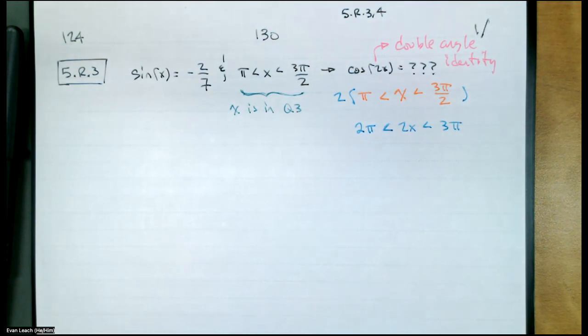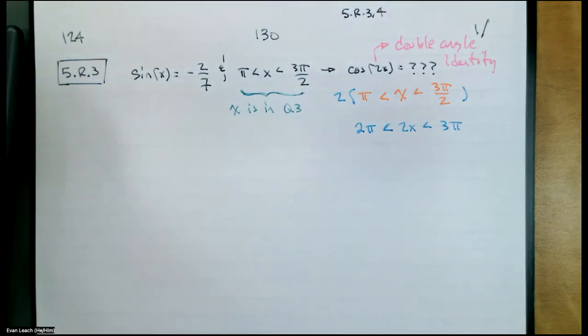So if x is in quadrant 3, 2x is going to be in quadrant 1 or quadrant 2.